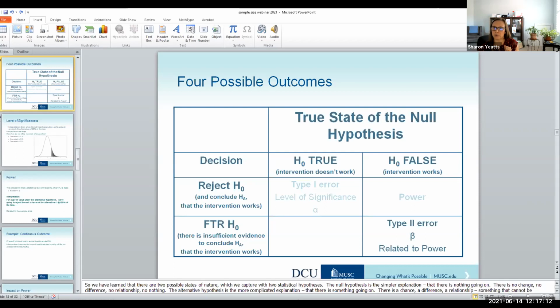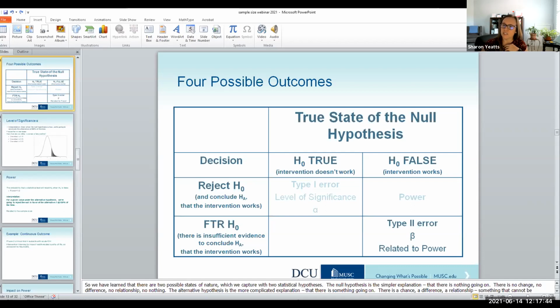And so we hope that in that situation, we would fail to reject the null hypothesis, right? If the null hypothesis is true and you reject the null hypothesis and conclude that the intervention does work, that's an error we'd like to avoid. We refer to that as the type 1 error. And we control that error by specifying at the beginning of the study the level of significance, okay? Our willingness to make that mistake.